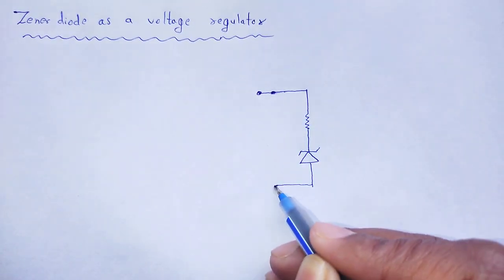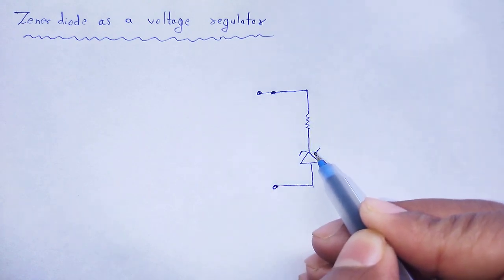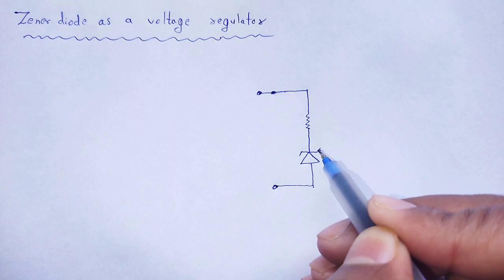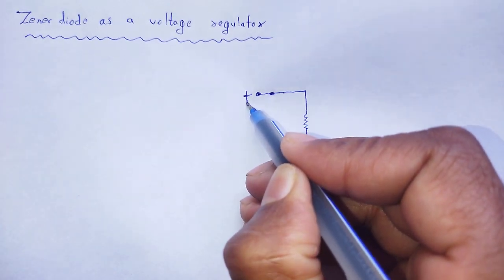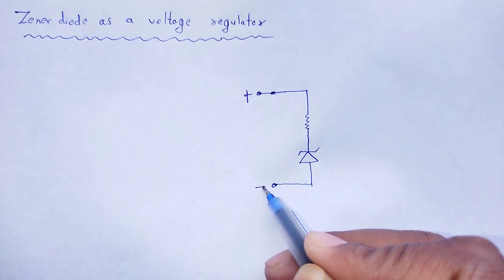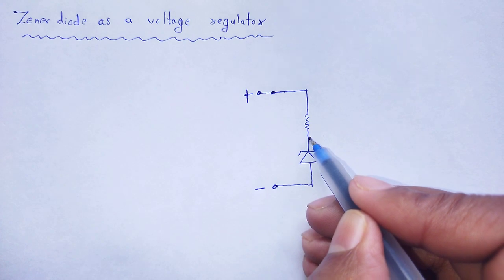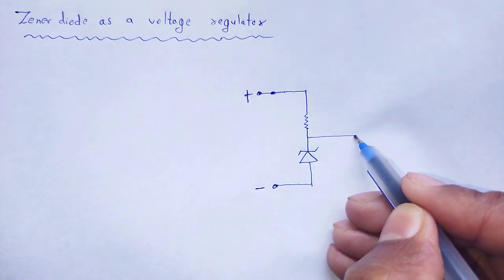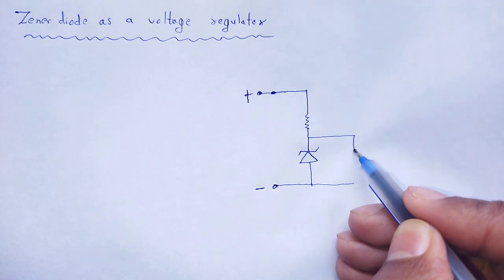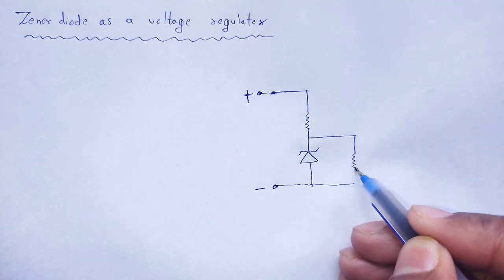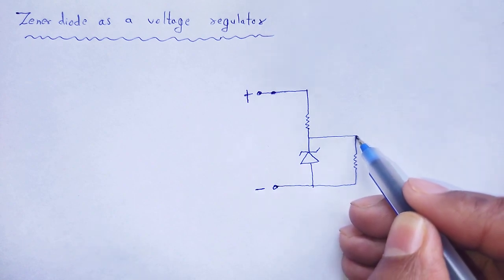That Zener diode is reverse biased: that end is connected to positive, that end is connected to negative. A load resistor.